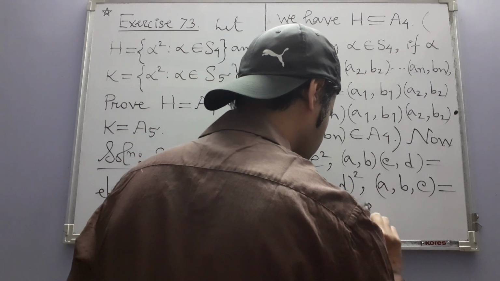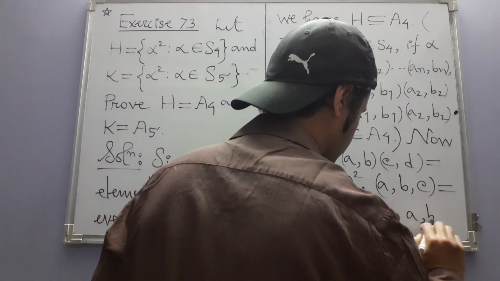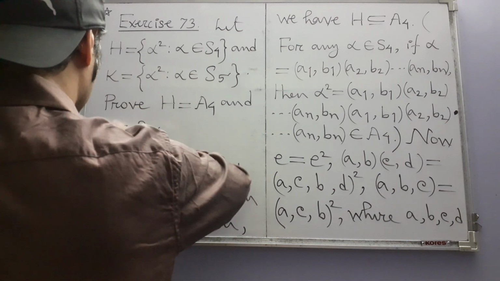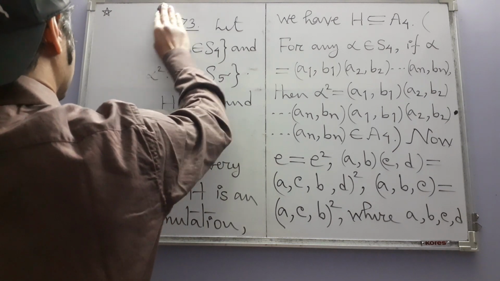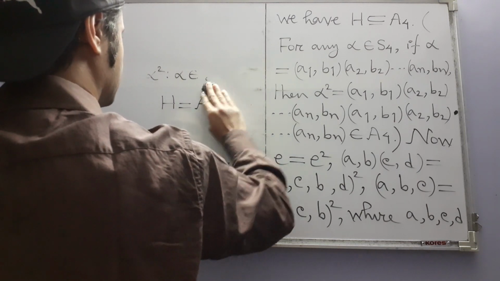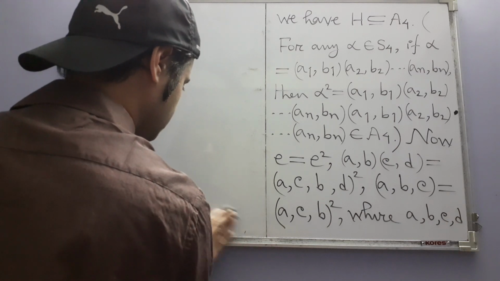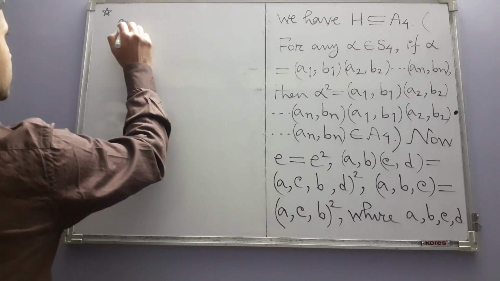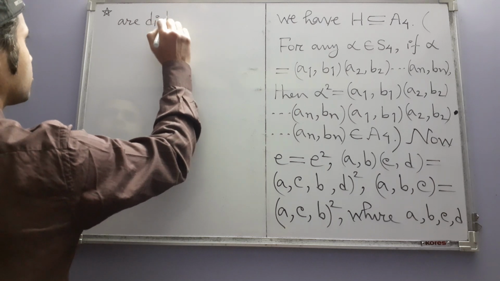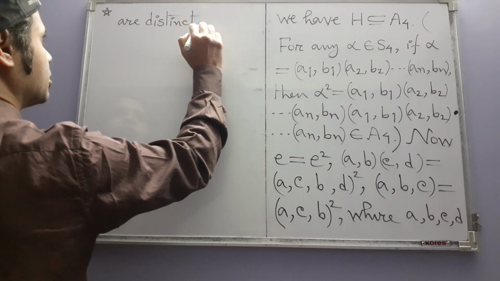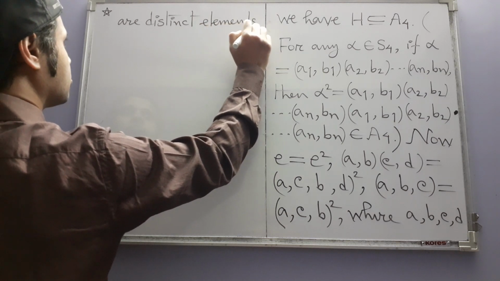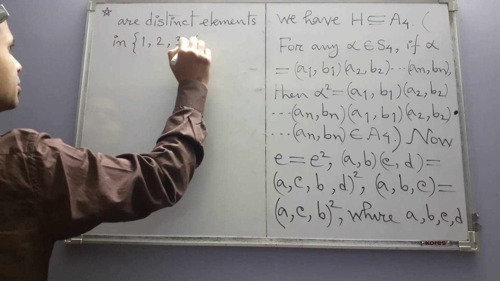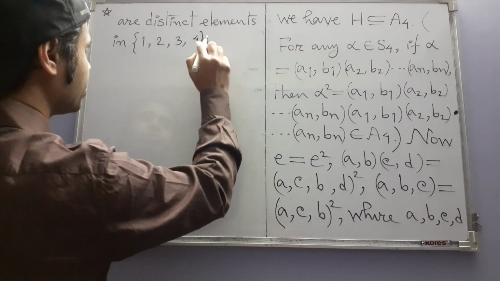Where A, B, C and D, of course, are coming from our set 1, 2, 3, 4, and they are distinct elements in our set of symbols on which actually we are considering all these permutations or mappings.